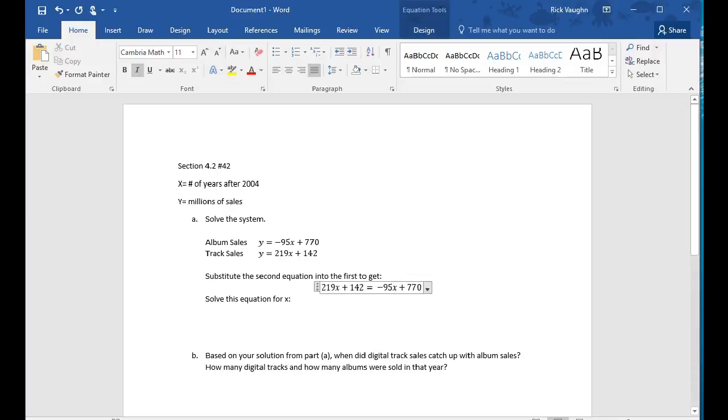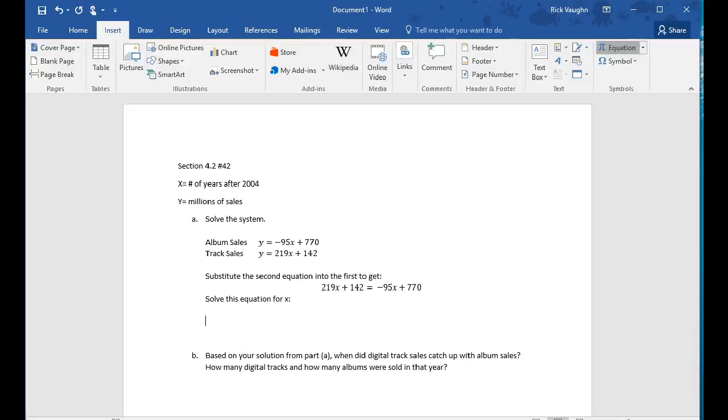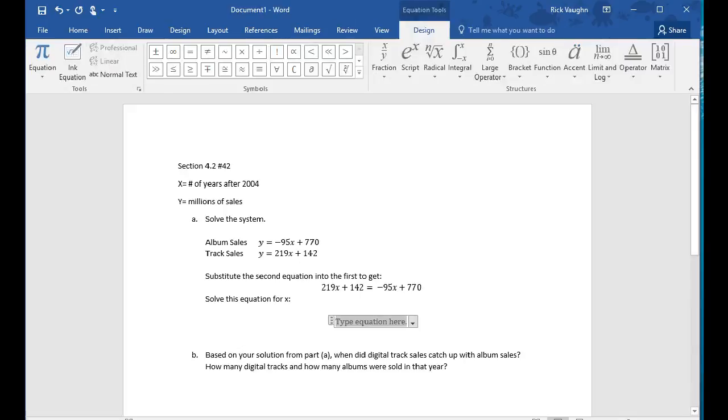All right, I'm going to add 95x to both sides. So 219x plus 95x. And then I'm going to subtract 142 from both sides. 770 minus 142. So then minus 95x came over and became a plus 95x, and the 142 came over and became a minus 142.